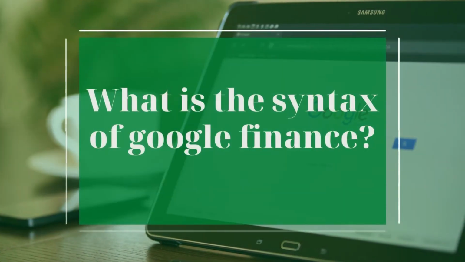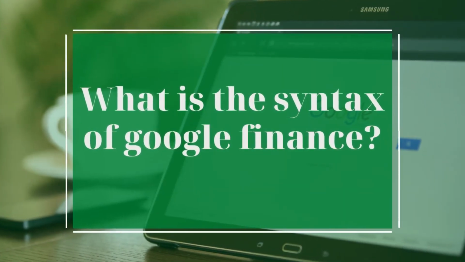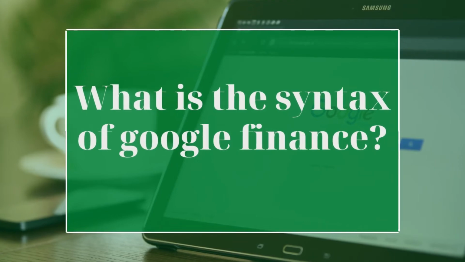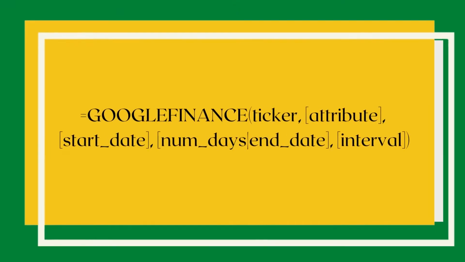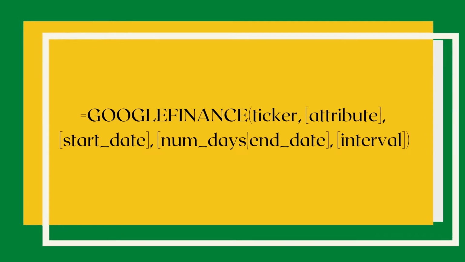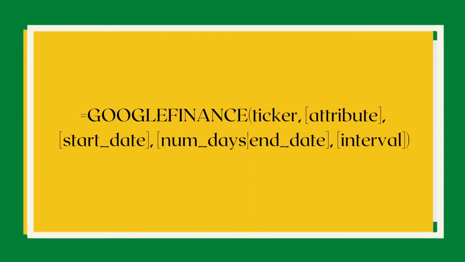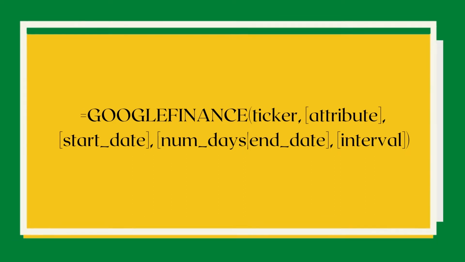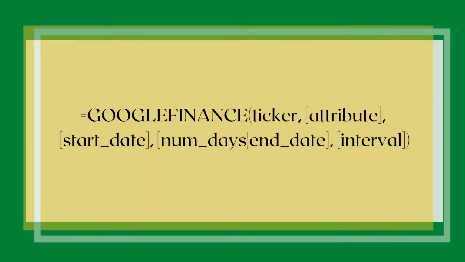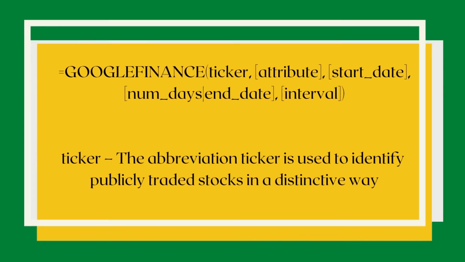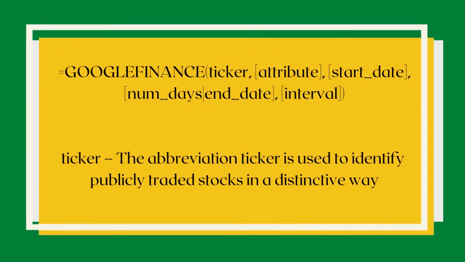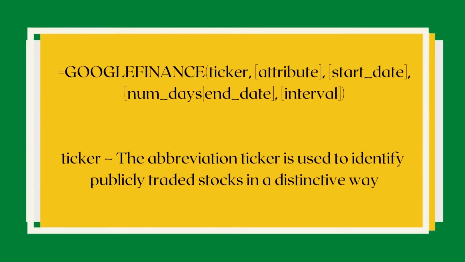But first, what is the Google Finance syntax? With this information, let's move on to the next part, that is, the syntax of the Google Finance function. The syntax of the Google Finance function looks like this. The abbreviation ticker is used to identify publicly traded stocks in a distinctive way.